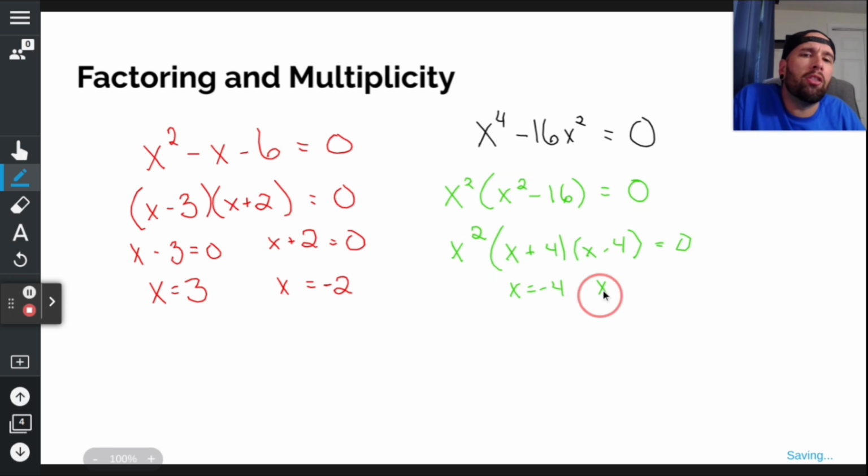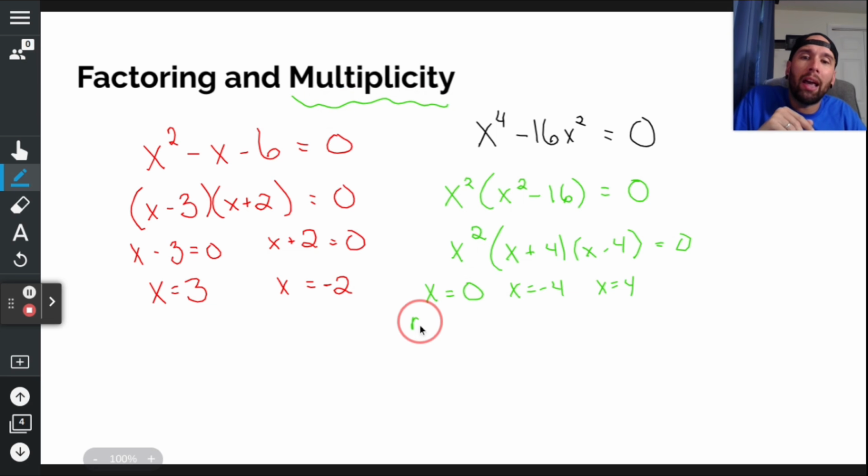One of my zeros is positive 4. But x squared equals 0 implies that 0 is being seen twice. This is called multiplicity. If one of your factors has an exponent, then that zero has a multiplicity of whatever exponent that is. So this is a multiplicity of 3.